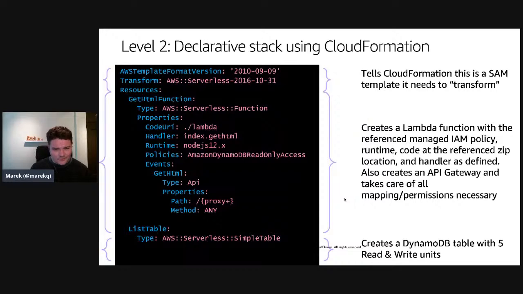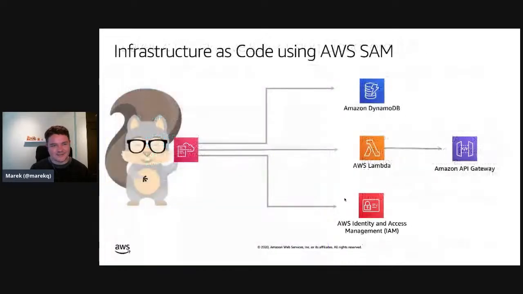Now, of course, we're not stopping at level 2, right? Let me first show you a little bit of a picture before I talk about the main course of today, the CDK. Just to give you a picture in case you maybe have never used these tools. Whenever you're using CloudFormation or AWS SAM, which is that serverless extension I just talked about, what happens is that the tool will create CloudFormation for you, right?